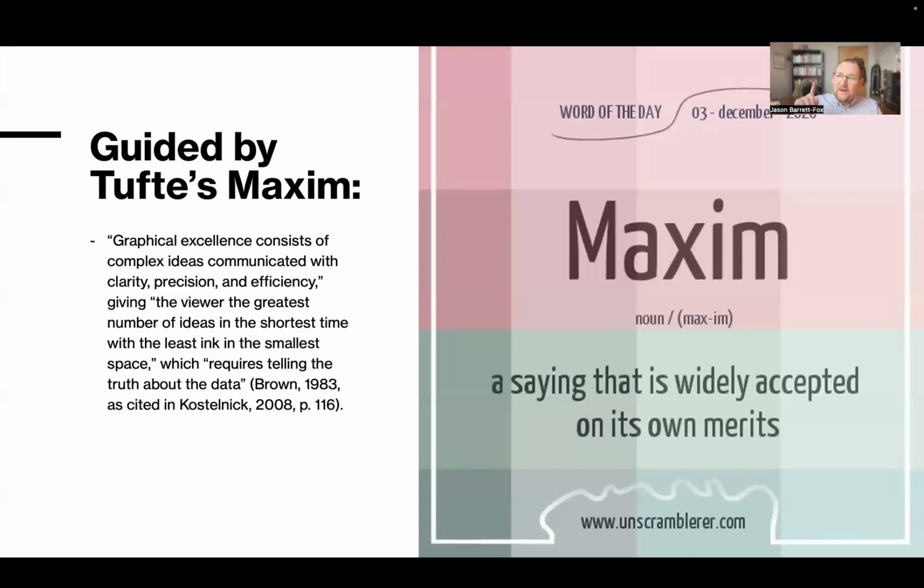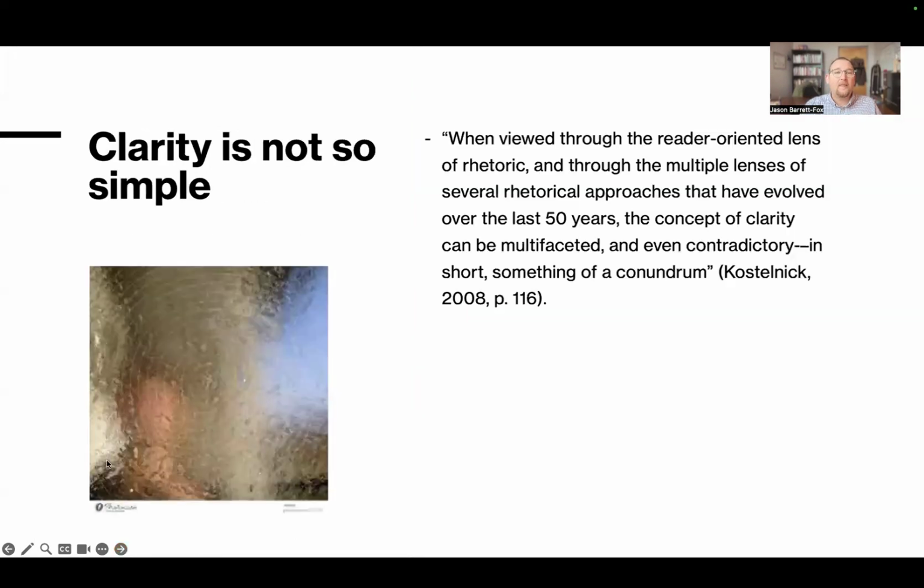Giving the viewer the greatest number of ideas in the shortest time with the least ink in the smallest space. But this requires telling the truth about the data as well as offering the data in a concise and bite-sized package. So there's more to it. But Tufte's maxim is really useful, right? Get the most amount of information you can out there in as simple a way as you can.